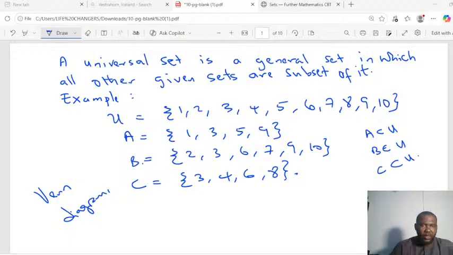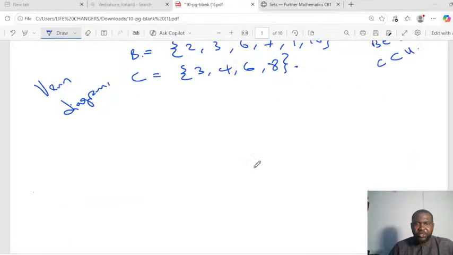Yeah, so just like I mentioned, it is supposed to have a diagram, but let me just continue. Don't worry, we will go back to those questions.